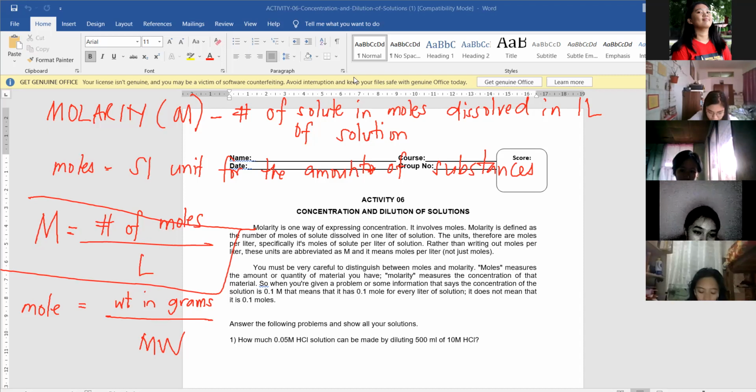Okay, sige. So for example, you have your sodium bicarbonate. This is our compound. So paano nga natin i-compute ang molecular weight ni sodium bicarb? Can you try there in your notebook or in any piece of paper, and then later let us compare if we will have the same answer for the molecular weight of sodium bicarb.